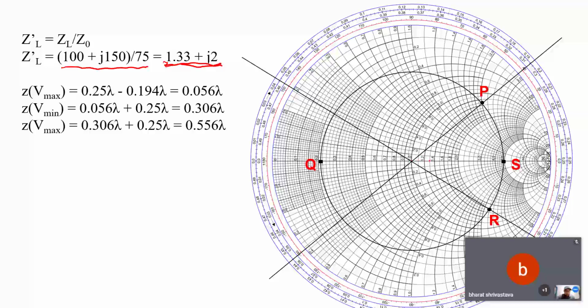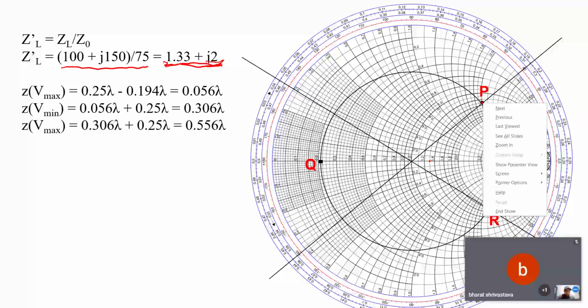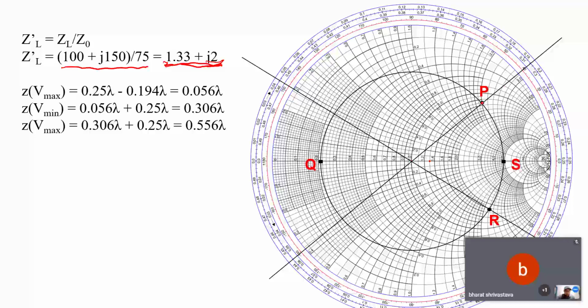Here 1.3 is there, so by using this line, we can say that 1.33 will lie in this circle only. Whereas the reactance is given as 2, so you can see that the line is represented by this. The intersection of these two represents the actual normalized impedance. Here point P represents the normalized impedance of the load.